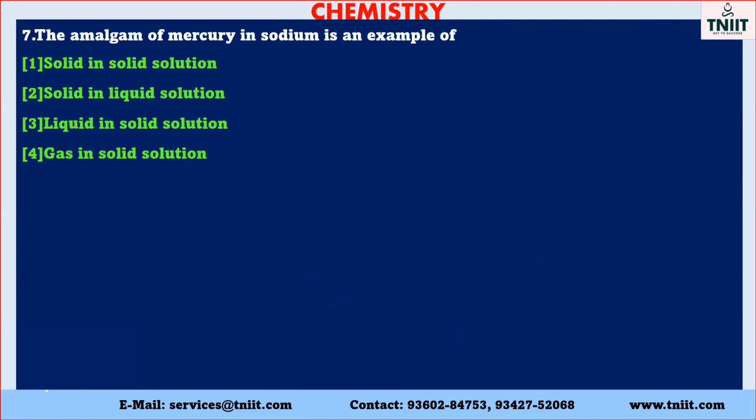The amalgam of mercury in sodium is an example for solid in solid solution, solid in liquid solution, liquid in solid solution, gas in solid solution. We know that mercury is a metal which is in liquid state at room temperature.